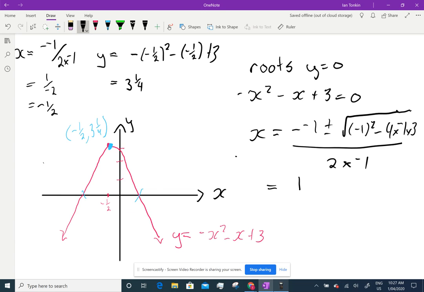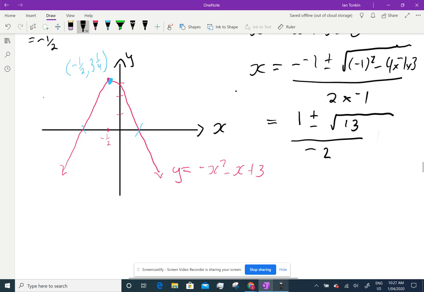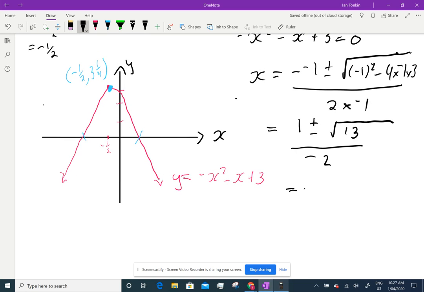So on the top, I'm going to get 1 plus or minus the square root. That's going to be 1 plus 12, 13 over negative 2. So it's negative a half plus, remember, there's a negative, root 13 on negative 2, or negative 1 on 2 minus root 13 on negative 2. That's if you keep the negative in the denominator.